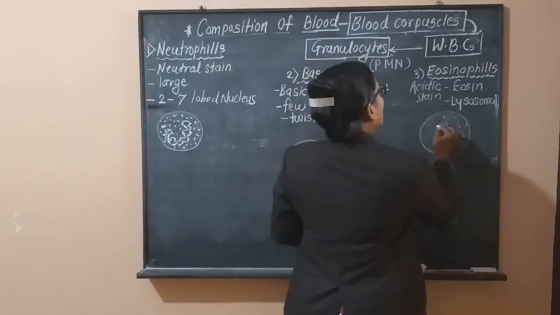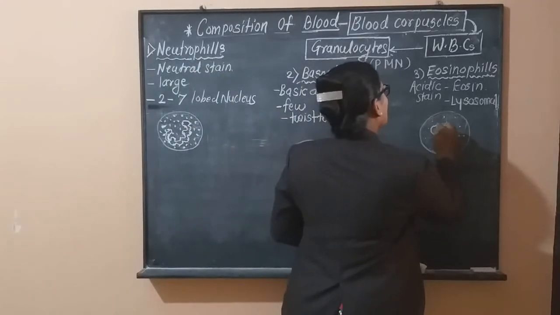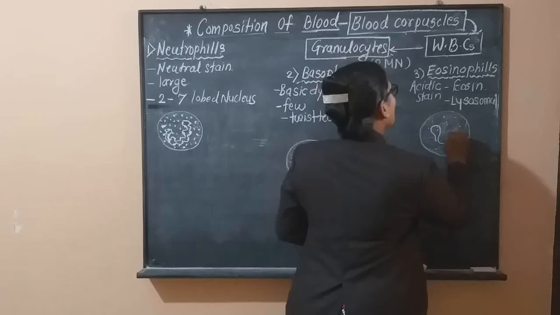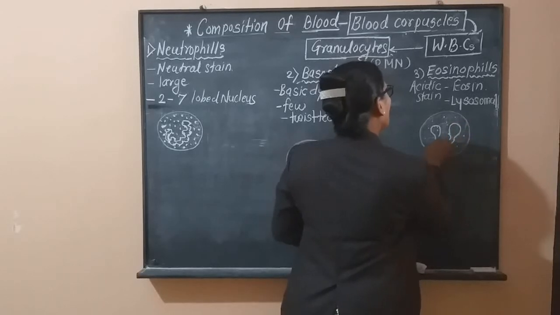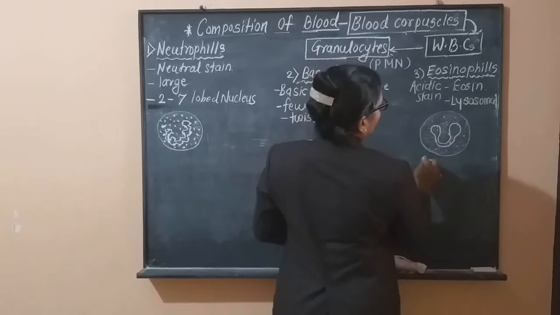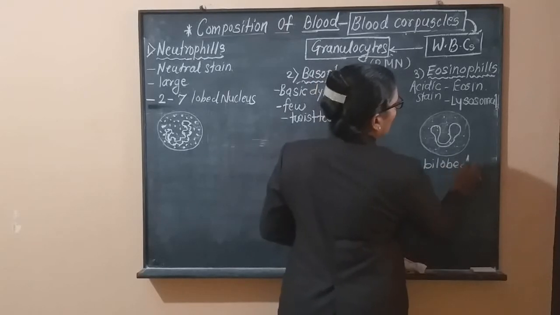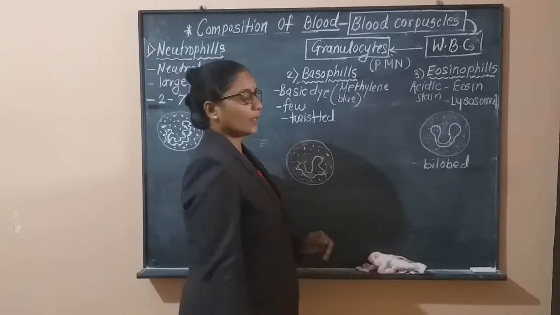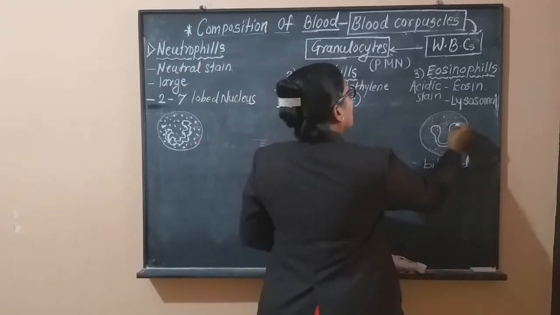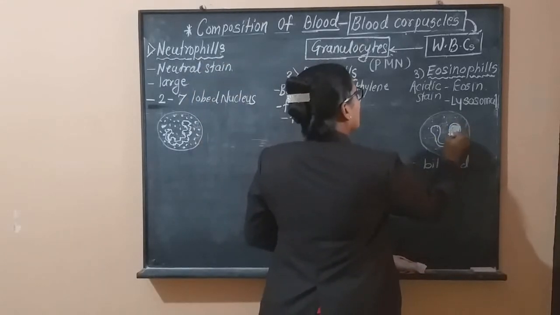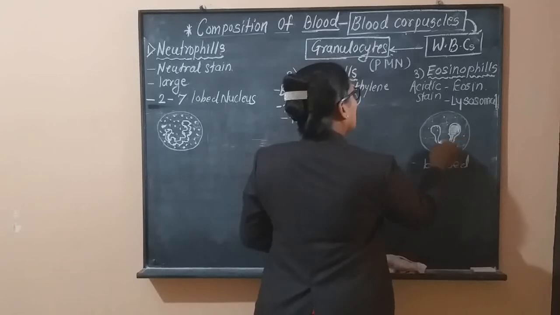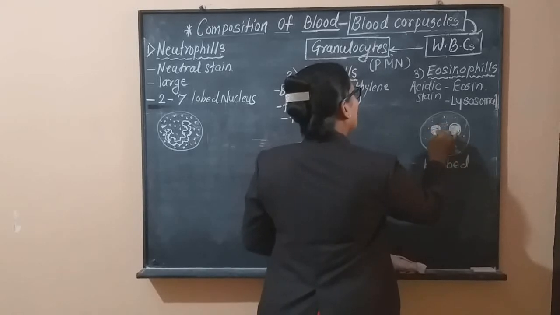And in case of eosinophil, the nucleus shows only two lobes, that is a bilobed nucleus. Okay. Depending upon the shape of the nucleus, we can identify these blood cells in the blood smear.